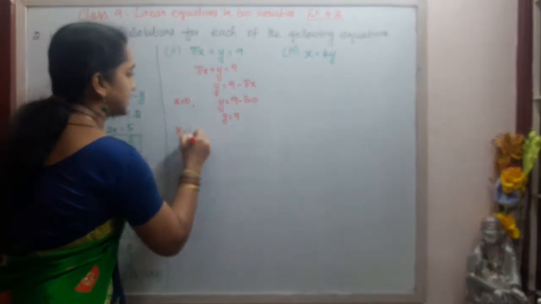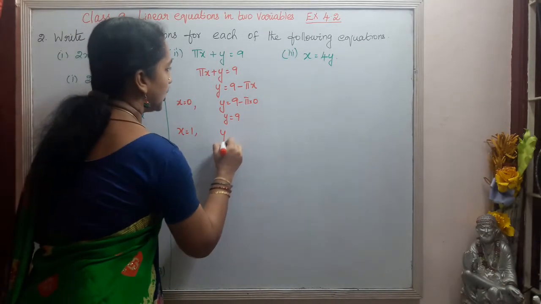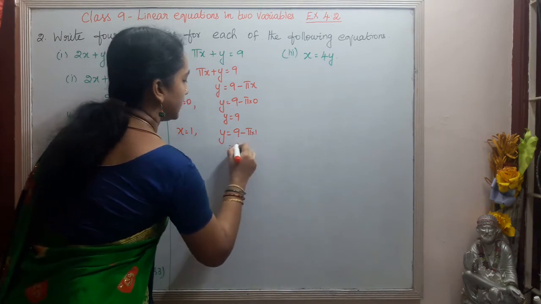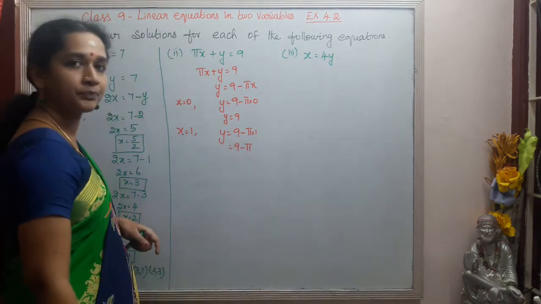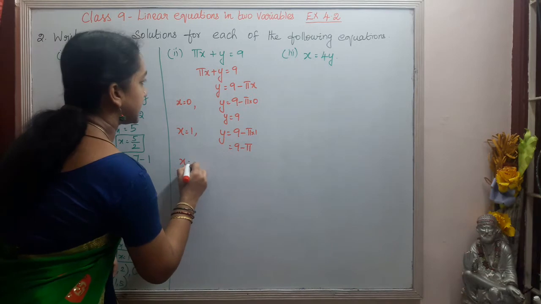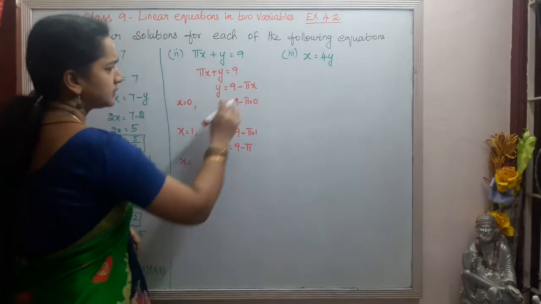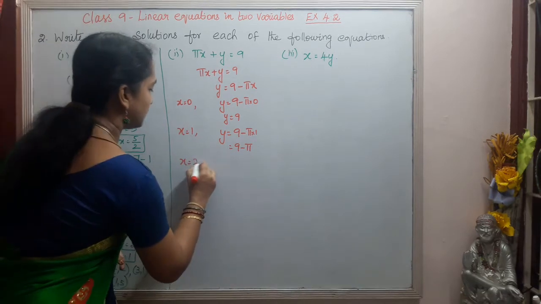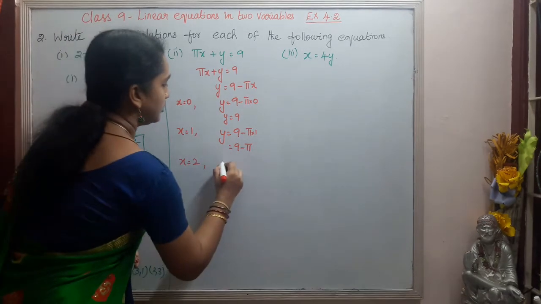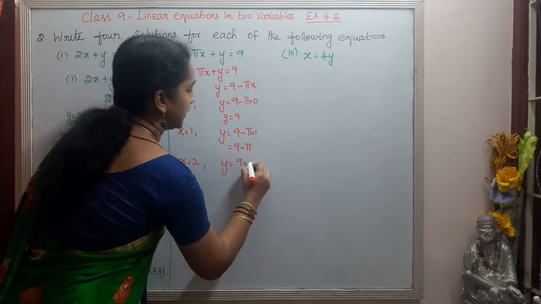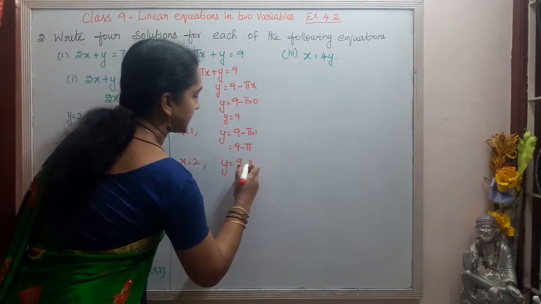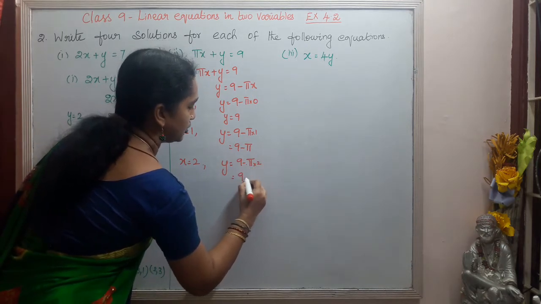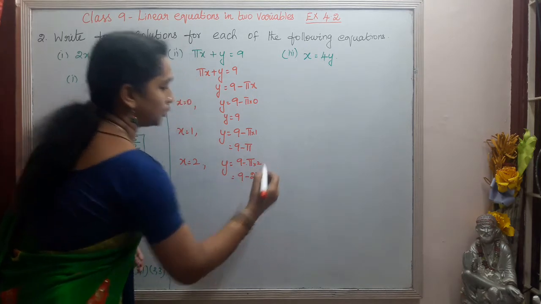Then if x is equal to 1, then y is equal to 9 minus pi into 1. So I will get 9 minus pi. Since pi is there, we will get the solution with pi only. If x is equal to 2, then y is equal to 9 minus pi into 2, so I will get 9 minus 2 pi.